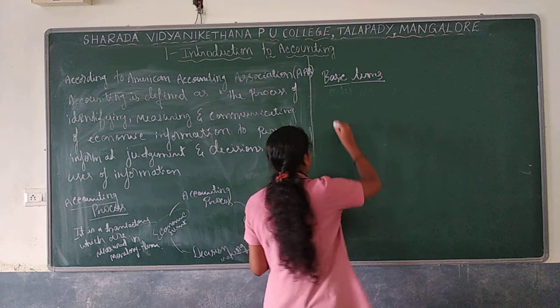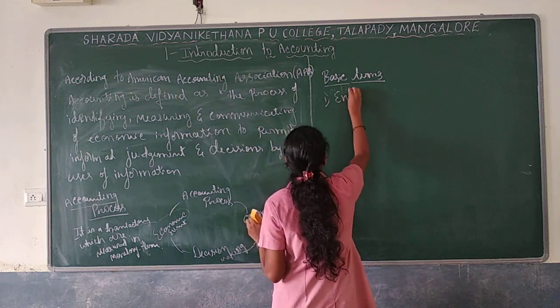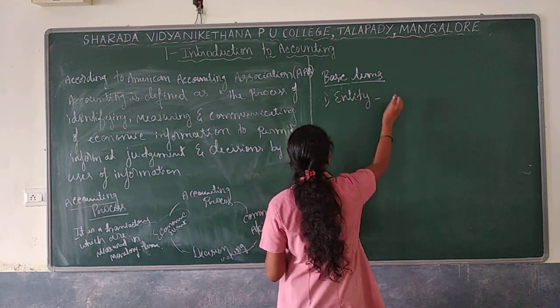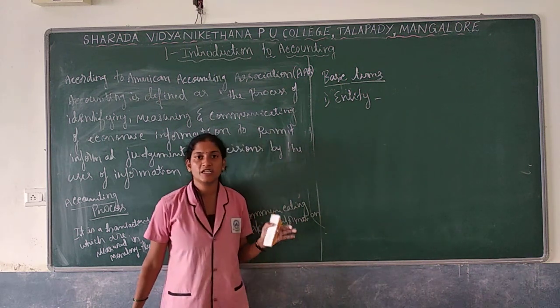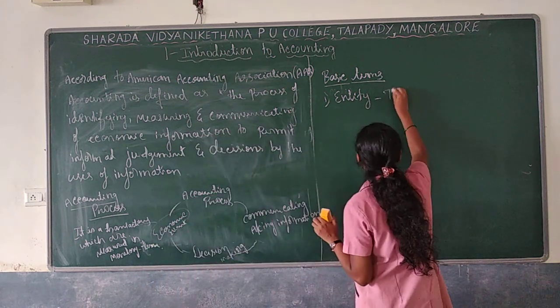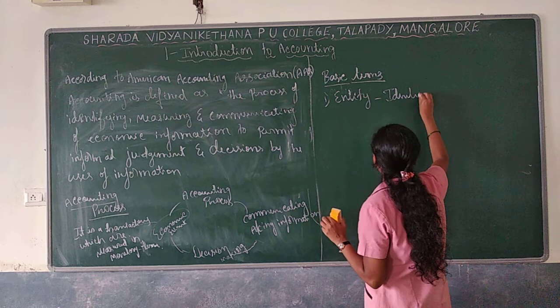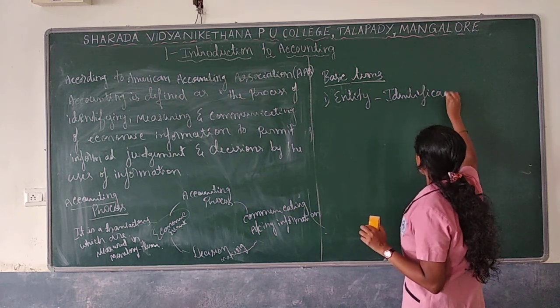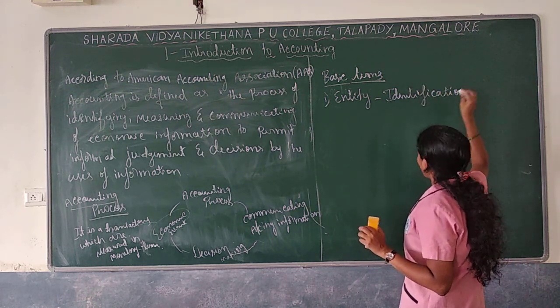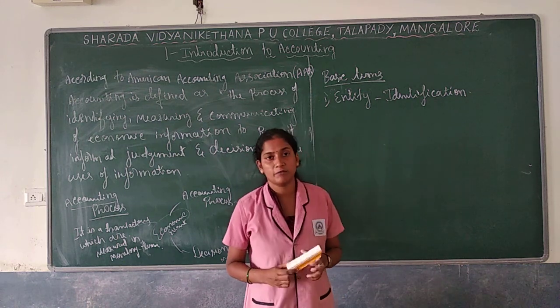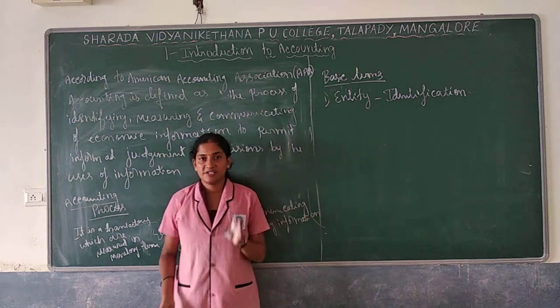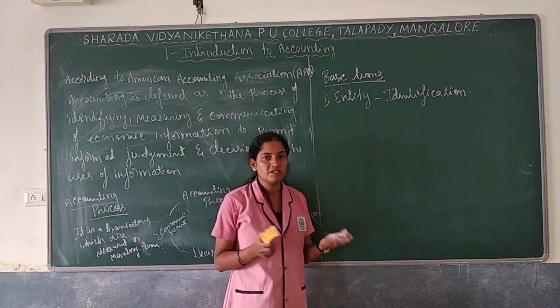First of all, the first item is entity. Entity is nothing but the identification of the business. Entity is identifying the business, which is different from its owner.